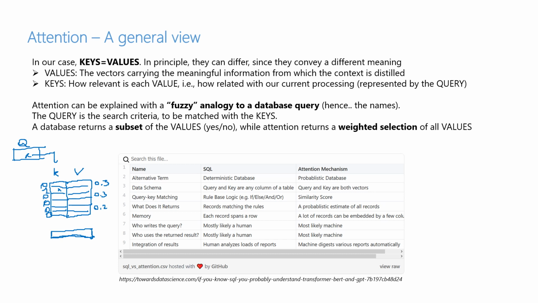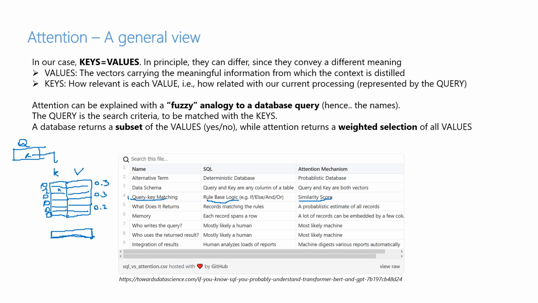You can look here in the table where there are several aspects that are compared, and of course in the database we have a query key matching, and it's based on rule-based logic, while in attention mechanism we have a similarity score between the query and the keys.